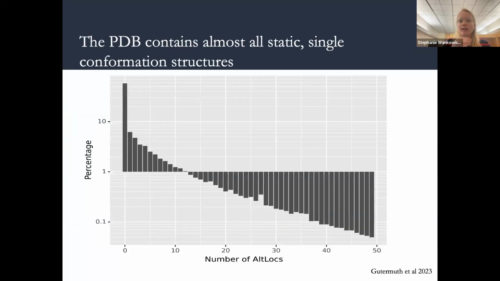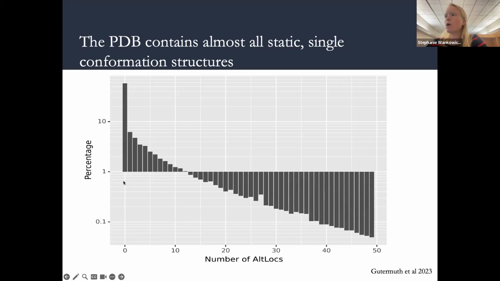We can look at this in the distribution of what we call altlocs. Altlocs is the way that the PDB enumerates different conformations of backbones or side chains within a single model. Here on the y-axis is the percentage of structures.